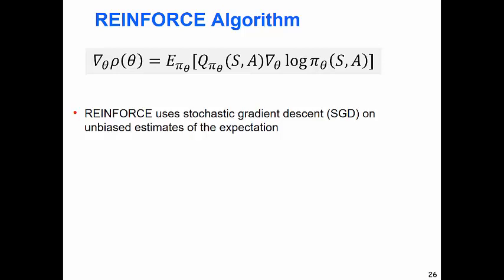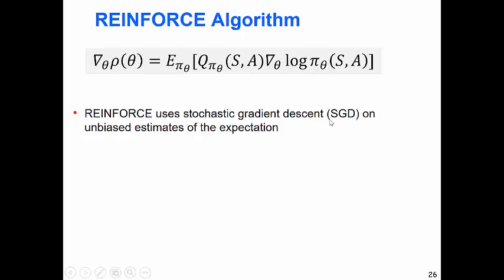So REINFORCE is actually a fairly old algorithm that came out in the early 90s. Actually, before this form of the policy gradient theorem was stated, it was derived from the ground up. But we're going to show how this falls out of the policy gradient theorem.